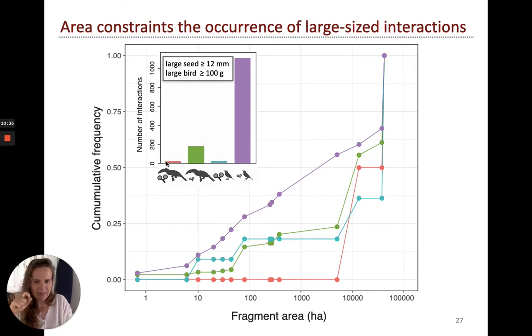And on the other hand, the red lines are much less common, as we could expect by the nature of these species. But the point is that when we follow the red line, we see that we need these much larger areas to start to observe these interactions.